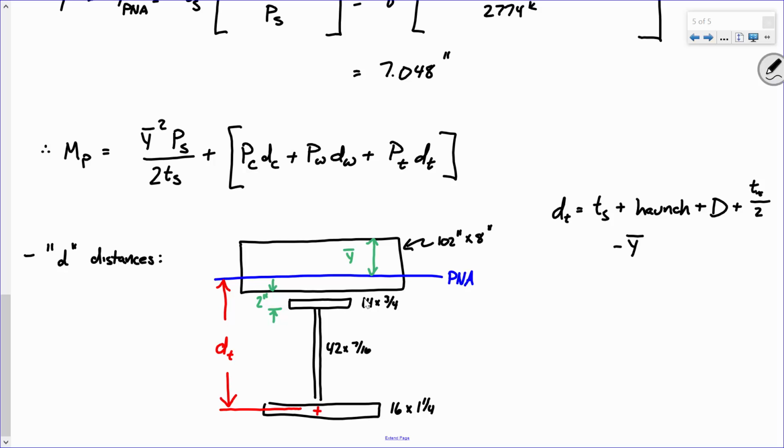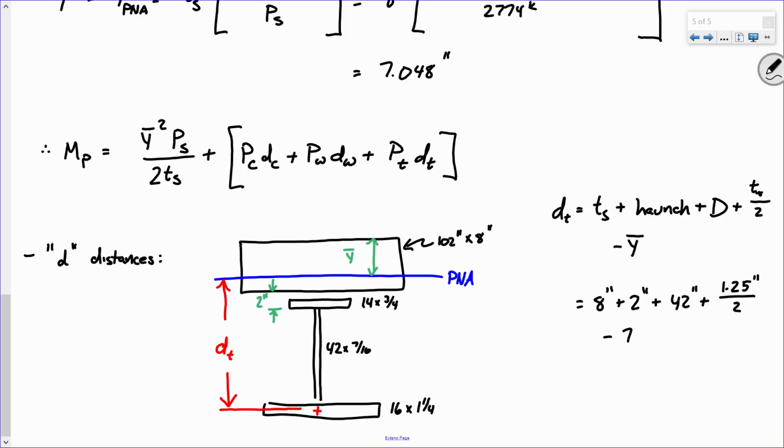Make sense? So that's going to be 8 inches plus 2 inches plus 42 inches plus 0.625.